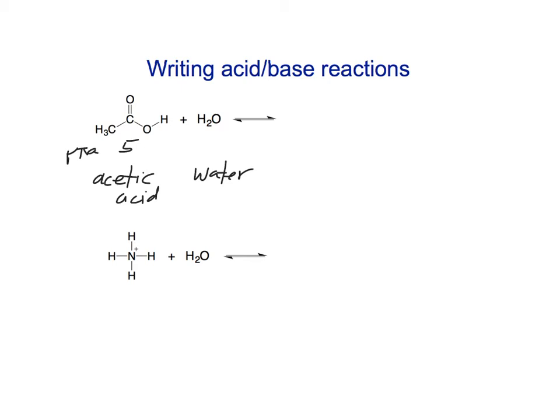Acetic acid is just a little lower, about 4.8. The pKa of water, you might remember this from Gen Chem, is 15.7. So which one of those is the stronger acid? Acetic acid is the stronger acid, so it is going to be the proton donor.